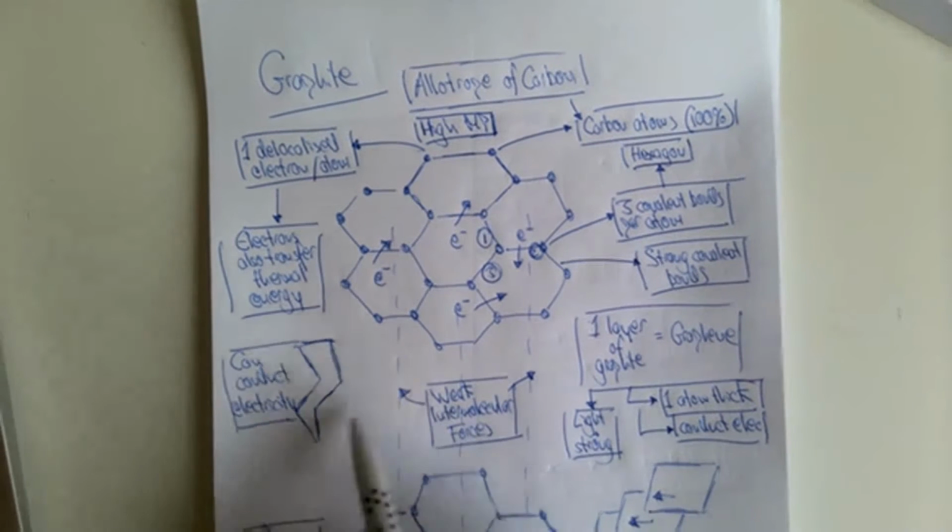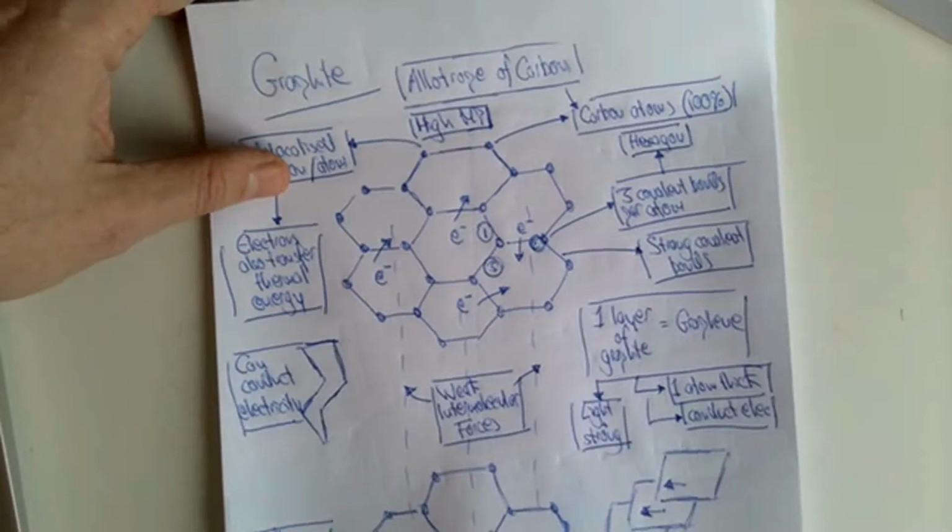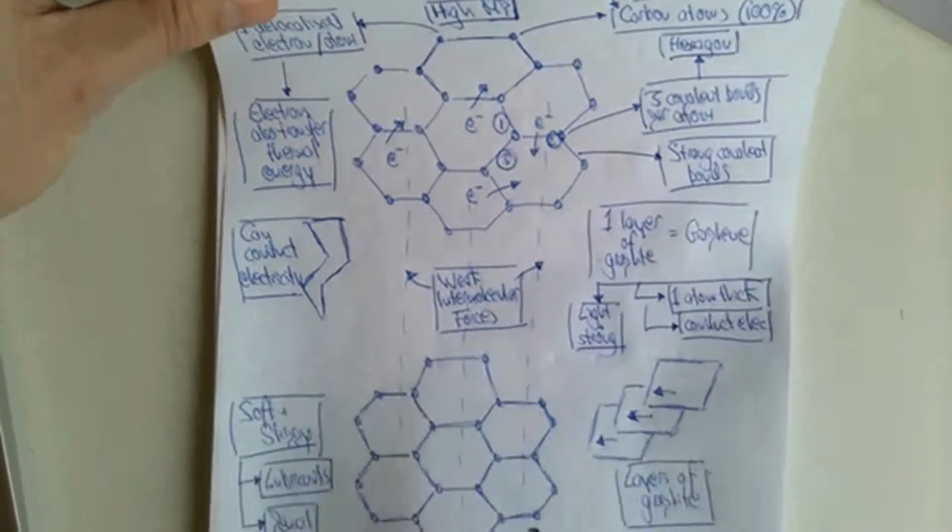But due to these weak intermolecular forces, the layers themselves are able to slide across each other, which means graphite can be quite soft and slippery, so it can be used as a lubricant.